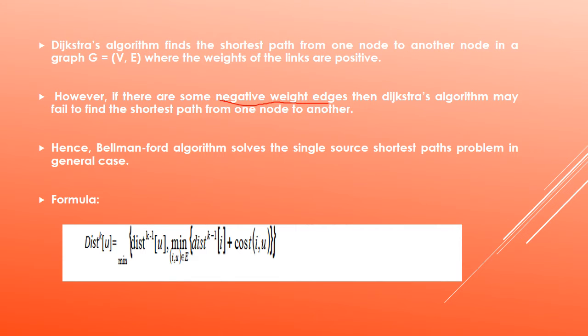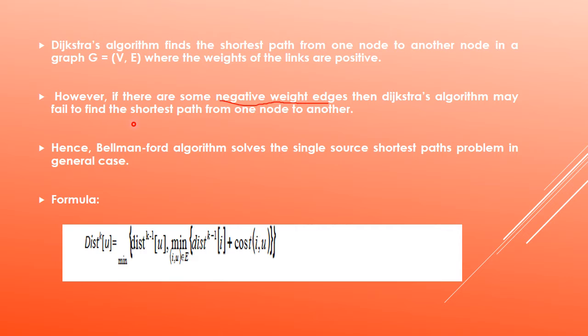We know that Dijkstra's algorithm finds the shortest path from one source node to another node in a graph where the weights of the links are positive. However, if there are some negative weightages, then Dijkstra's algorithm may fail to find the shortest path from one node to another.